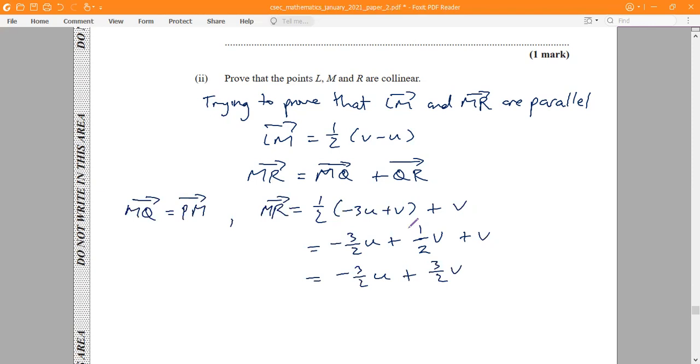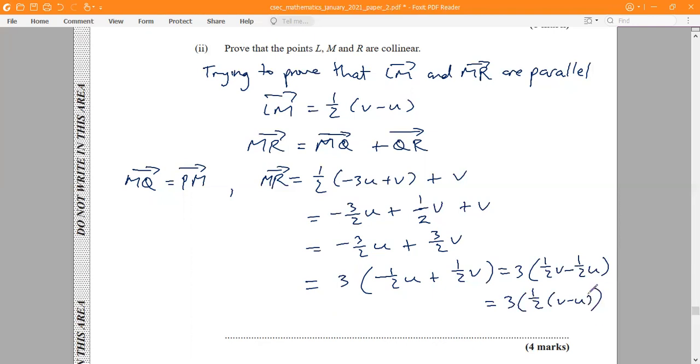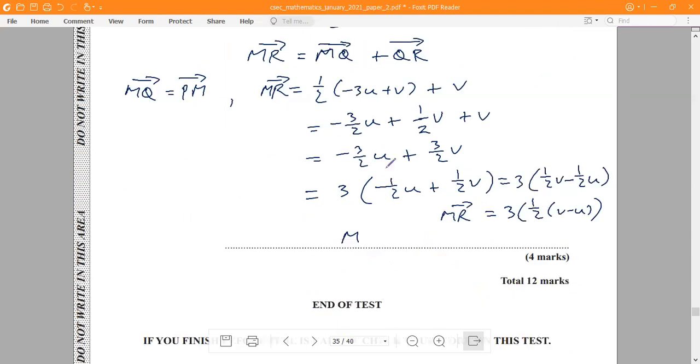So what we have here, if we factor out the 3, is 3 times negative 1/2 U plus 1/2 V. That can be written as 3 times 1/2 V minus 1/2 U, which is 3 times 1/2 times V minus U. Now 1/2 times V minus U is LM, and this is MR. So MR would be equal to 3 times LM.